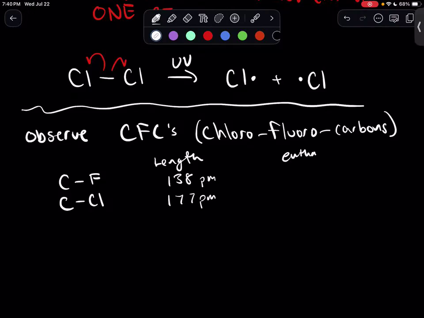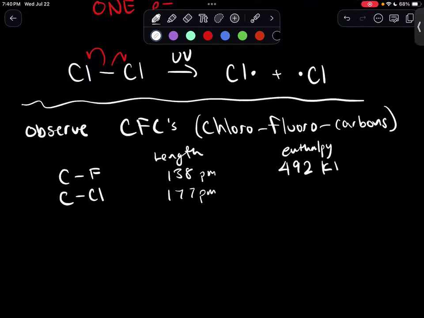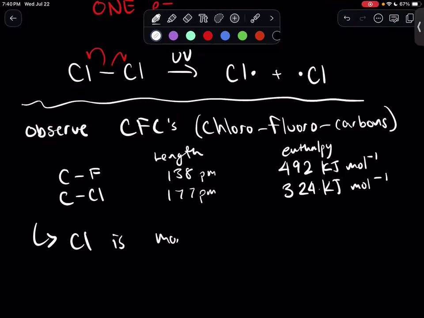Furthermore, if we look at enthalpy, with a smaller length and higher electronegativity, you can assume correctly that fluorine would have a higher bond enthalpy, having 492 kilojoules per mole. Meanwhile, the chlorine only has 324 kilojoules per mole. So from these observations, we can assume that chlorine is more likely to become a radical.